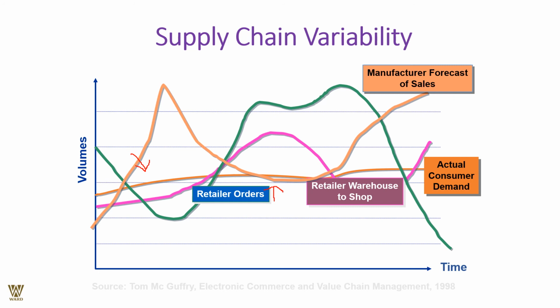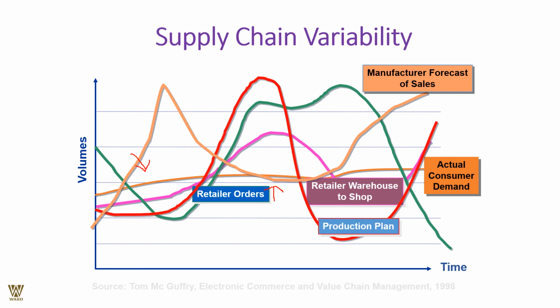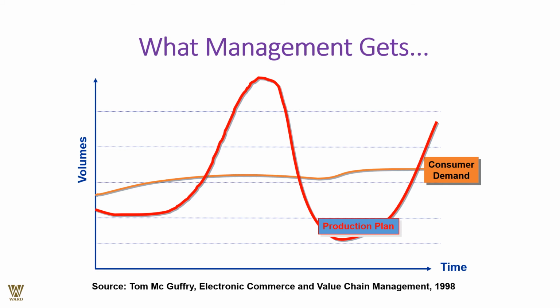See the complexity that goes around it with the retailer's demand, the actual consumer demand, the actual volume. So this is the point that needs to be taken care of, and this is what the production plan is all about. The production plan in the red line will tell you how complicated things are here. So what management gets, we need to understand the consumer demands and the production plan.